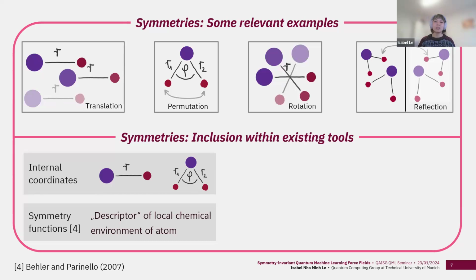These are basically descriptors of the local chemical environment of an atom, and they are designed in a way that they incorporate symmetries of the system, such that if we input them as the description of the atomic configurations, we would have the symmetry invariances already given by the input data.